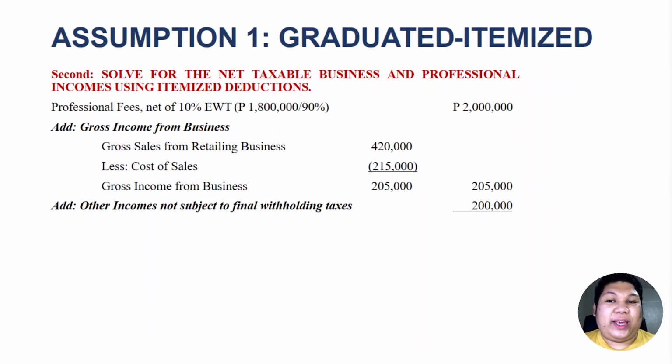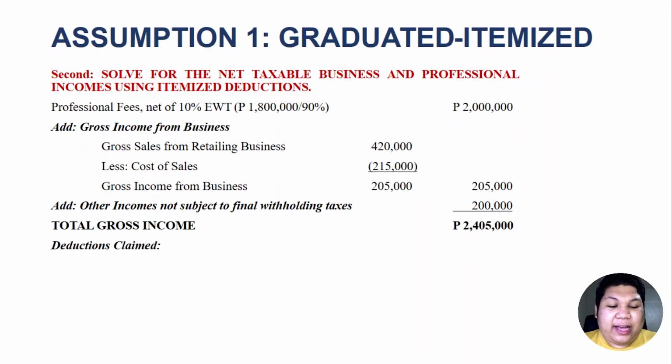Take note that we no longer add the dividends here because the dividends was already subjected to the final tax of 10%. So our total gross income is 2,405,000 pesos.